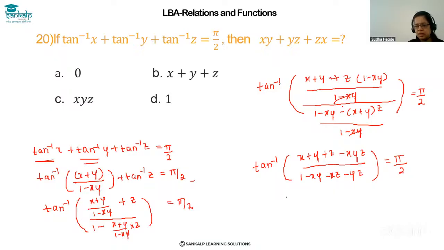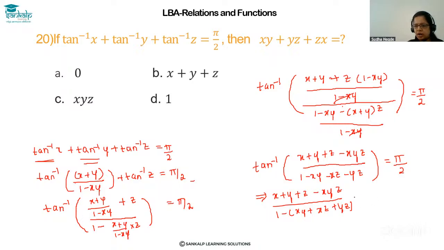It will become tan pi by 2. This implies x plus y plus z minus xyz whole divided by 1 minus xy plus xz plus yz. I am taking minus outside, inside it will be plus. Is equal to what?